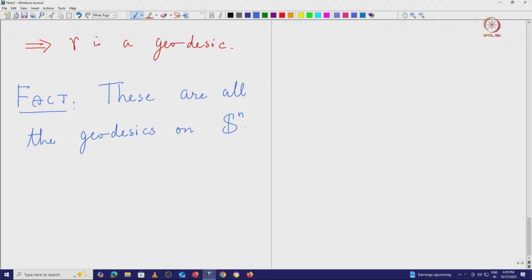Okay. So in fact these are all the geodesics on the sphere. We can prove this using the uniqueness theorem that I will prove in the next lecture. Okay. All right. So this takes care of two of our model spaces.